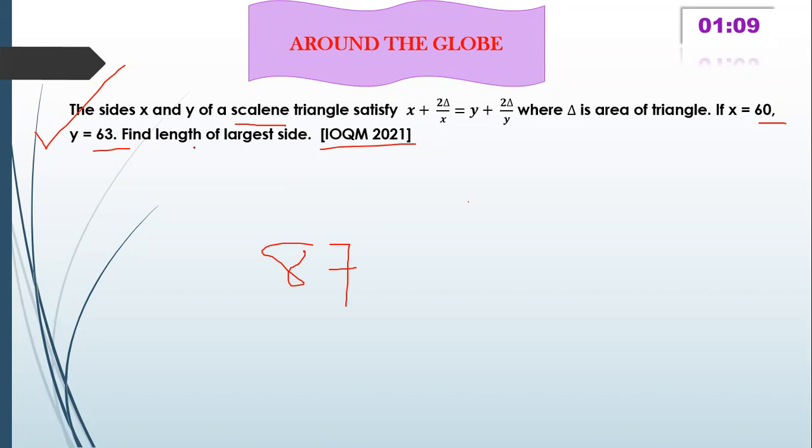So the length of the largest side is 87, and that is exactly the answer for the IOQM 2021 problem. But I suggest not using this method because sometimes this method will cheat on you. Maybe you are not cheating the exam, but this method is actually cheating on you. This may happen, so it is better to do it in the standard way by solving this equation.